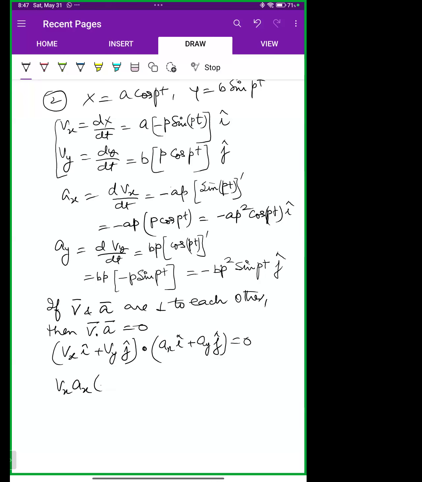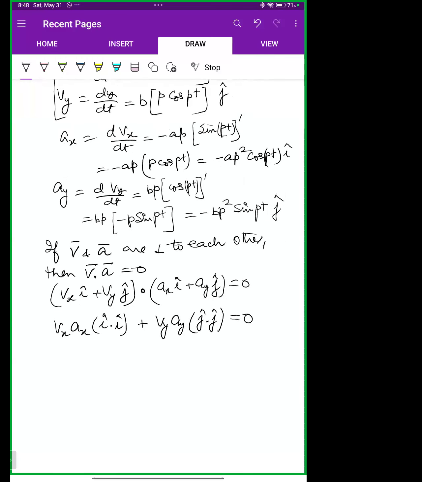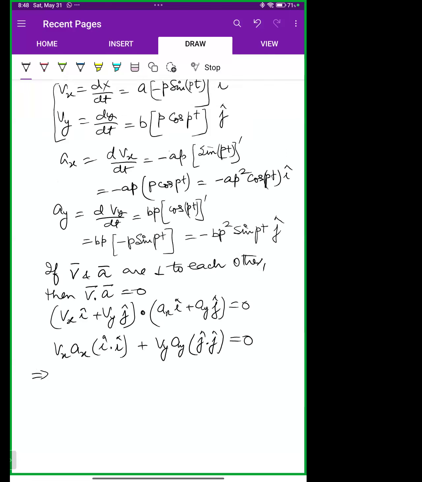I dot I plus Vy Ay J dot J should be equal to 0. So I dot I is 1, J dot J is 1, and we have removed I dot J because I dot J is 0. Okay, so Vx, put the values.